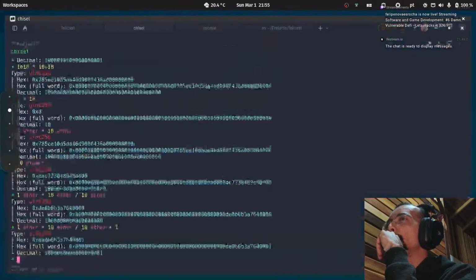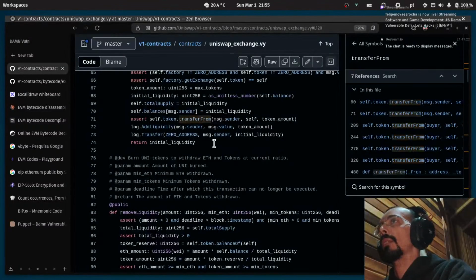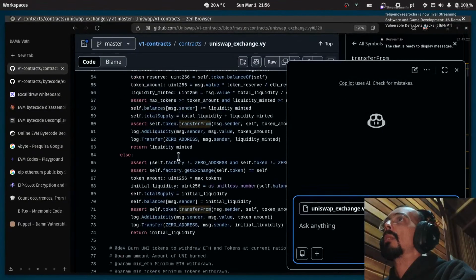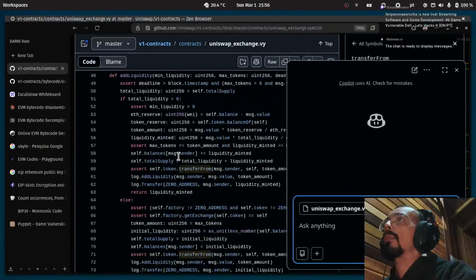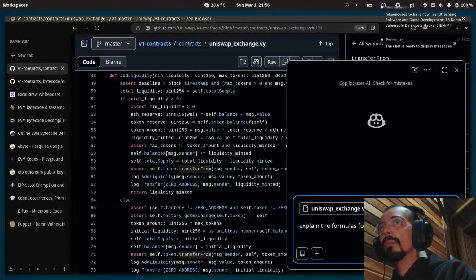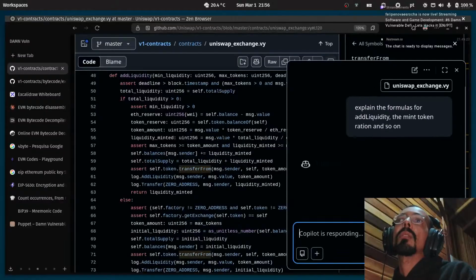So where we were, trying to understand the contracts, right? First, we could use Copilot here to explain to us the formulas for add liquidity, the mint token ratio, and so on.